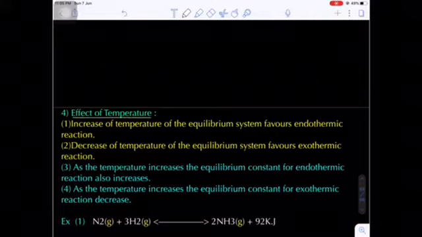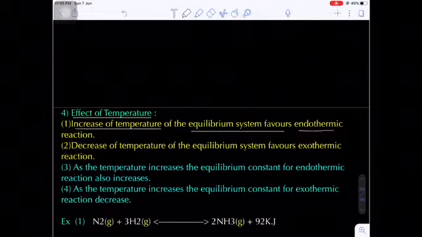This is very, very important. In past videos, there is a dependence of the equilibrium constant on temperature, where we discussed in detail the effect of temperature on the position of equilibrium. Increasing the temperature, the equilibrium system favors the endothermic reaction. Decreasing the temperature, the equilibrium system favors the exothermic reaction.